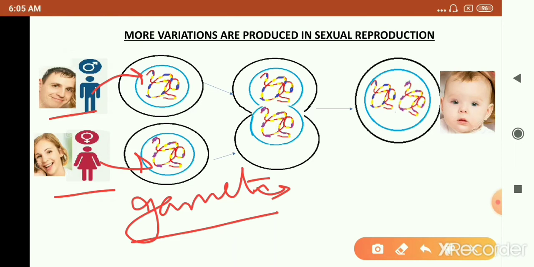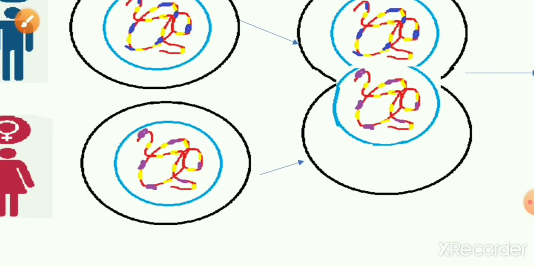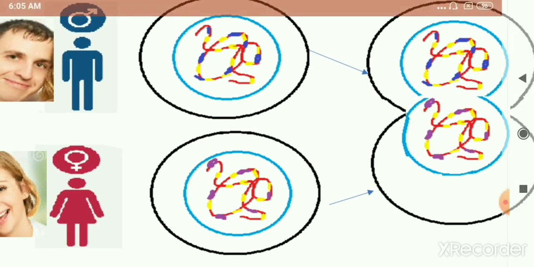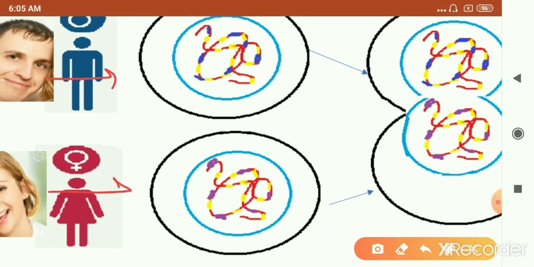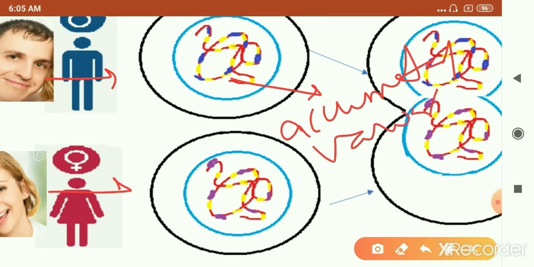So, there are two individuals contributing their genetic material or DNA, a DNA which has accumulated variation. You can see in this diagram that these parents contribute their genetic material, and this genetic material has already accumulated variation from the previous generations, from their ancestors.